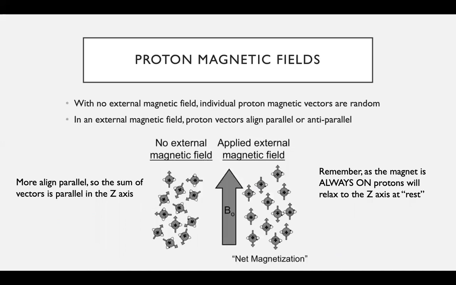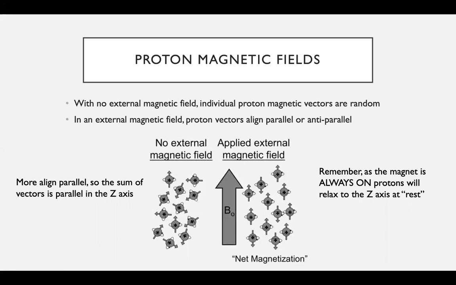Like I mentioned, all of our protons have some sort of magnetic field that they produce. When there's no external magnetic field, when the patient is out of the scanner, the individual proton magnetic vectors are very random, and they're essentially canceling themselves out, because there's an infinite number of hydrogen protons in an infinite number of orientations.